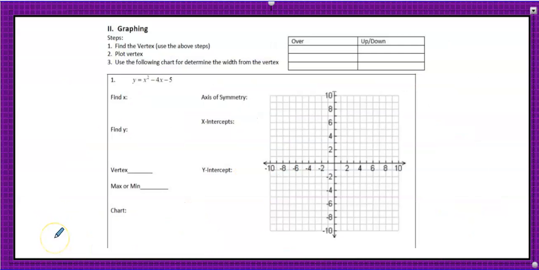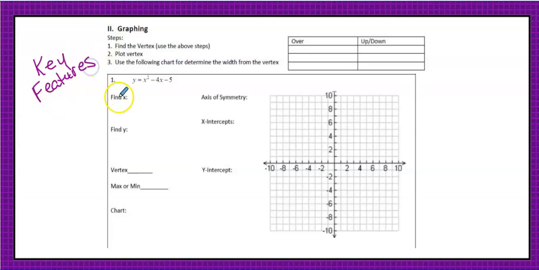Okay, so in Math 3, we do a lot of this. These are called key features. What that means is these are the things that we see when we look at the graph, okay? But this one, we're going to graph it by hand. We're going to find these things here using the equation, and then we're going to graph it by hand.